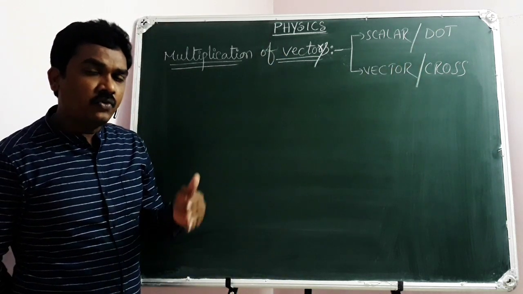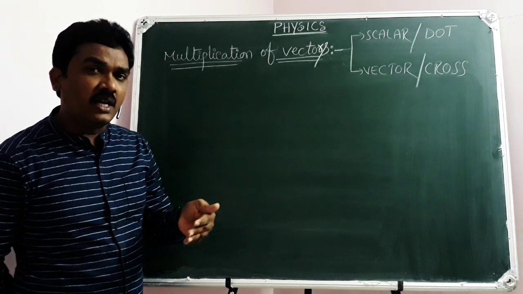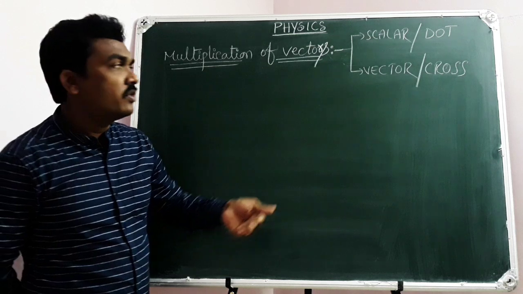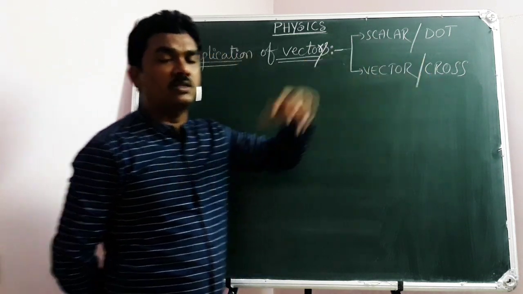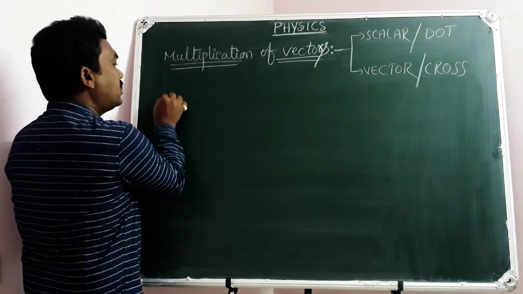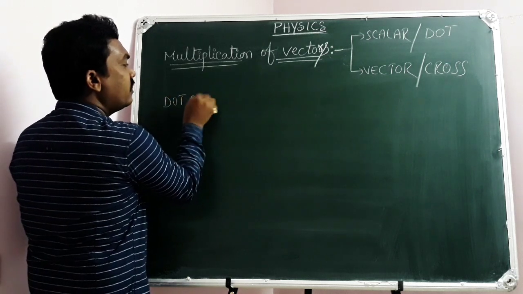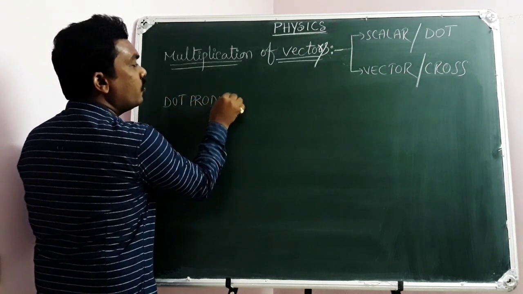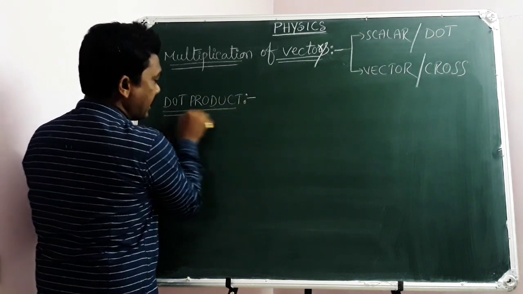If the multiplication of two vector physical quantities is going to give combinedly another vector physical quantity, then we define it as a vector product or cross product. Yes, let us discuss first dot product or scalar product in detail, in which the product of two vector physical quantities will be a scalar.